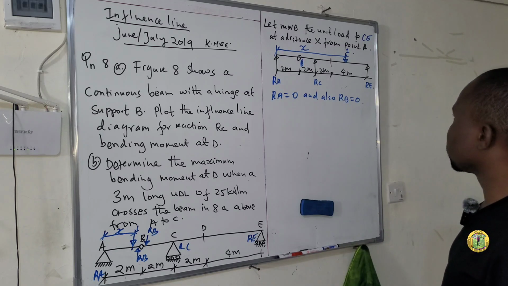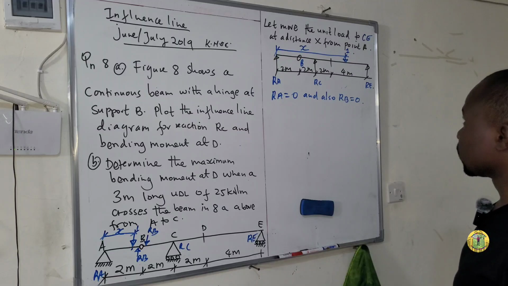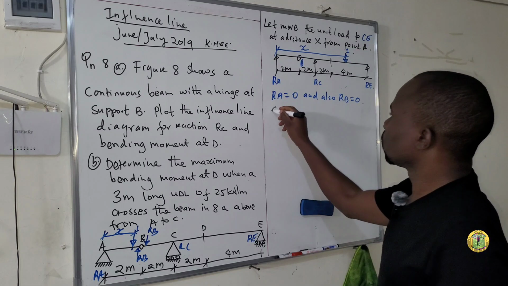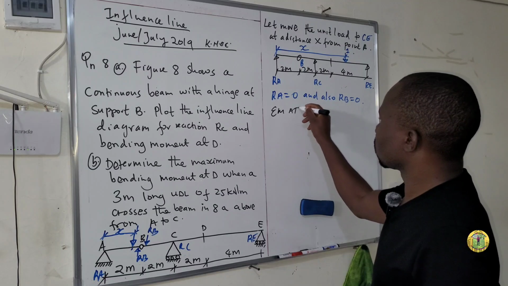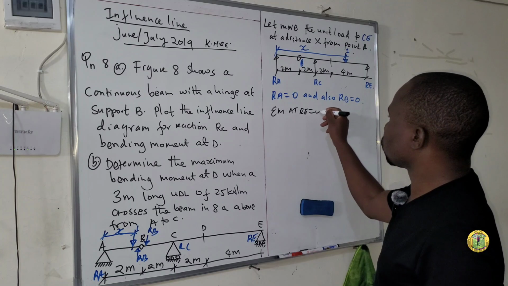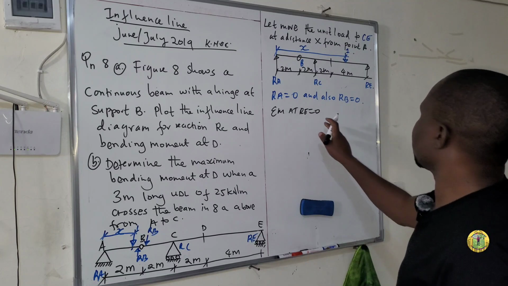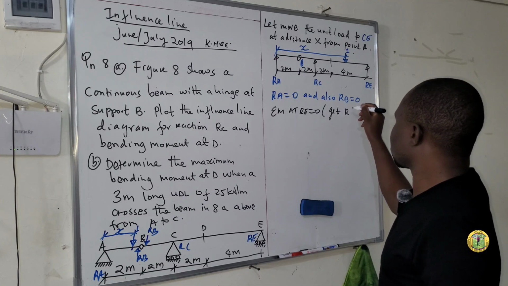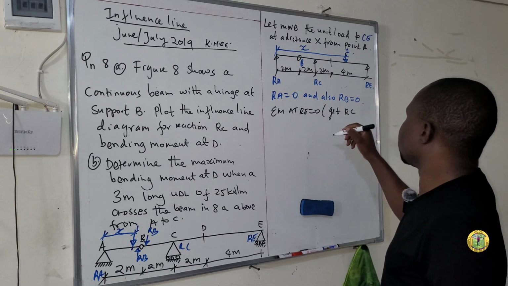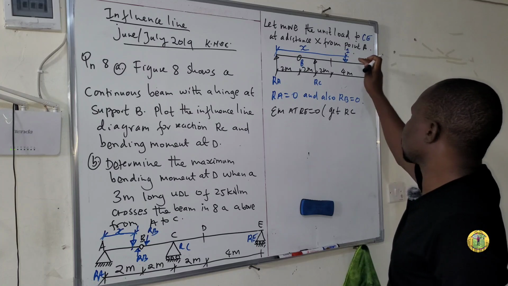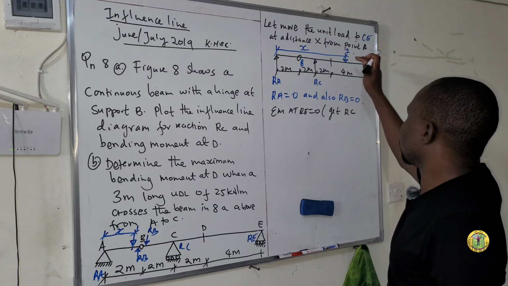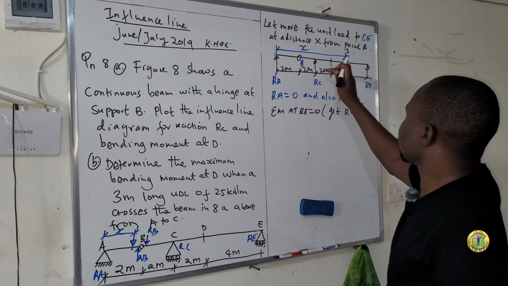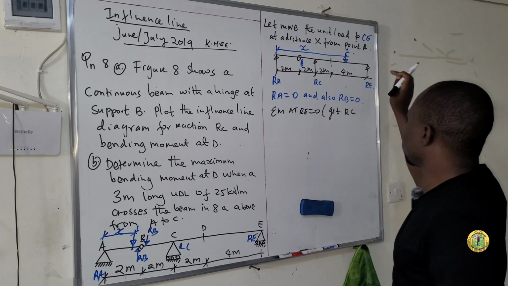Now summation of moment at RE is equal to 0. This will help us to get RC. Remember, the load has already rolled from B to C to E.